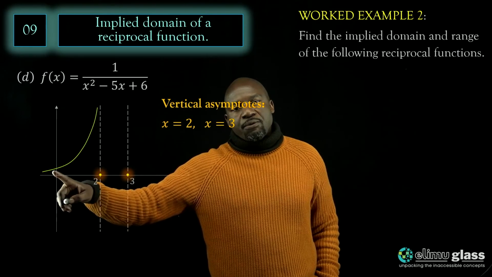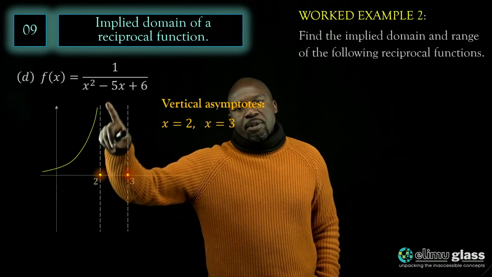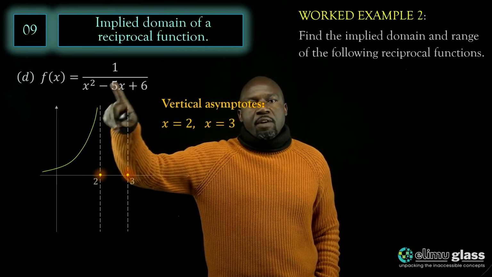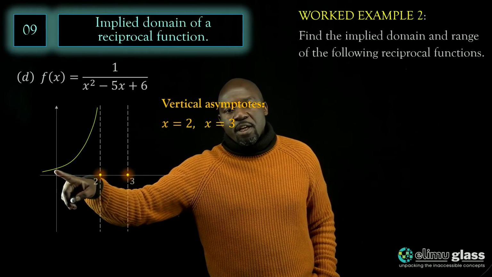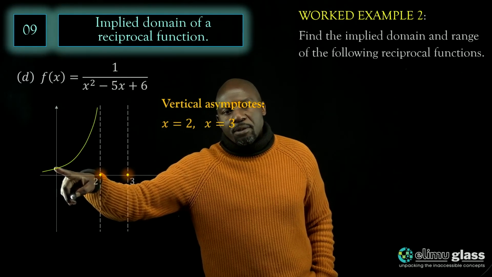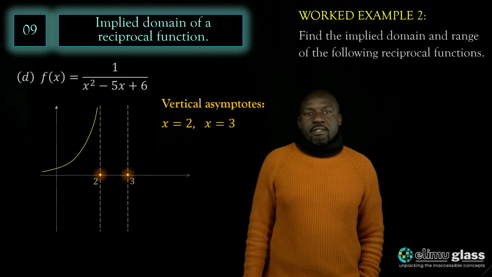We can also find the y-intercept. When x is 0, we substitute that and get 1 over 6. So this must be a sixth, about 0.11, whatever. That's the y-intercept there.